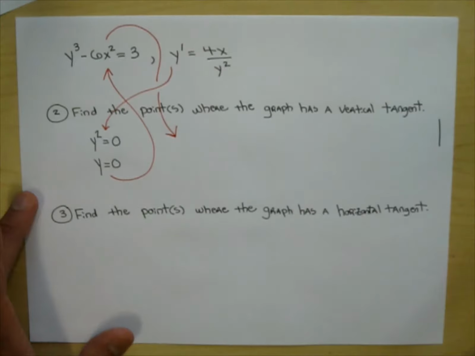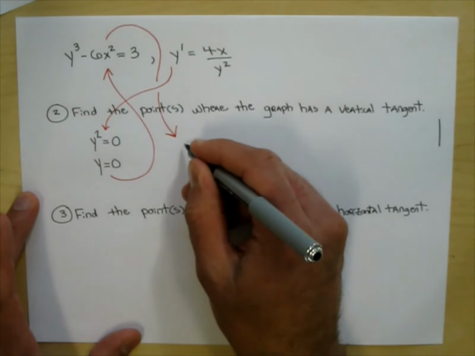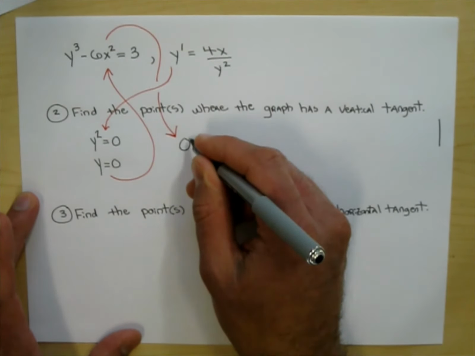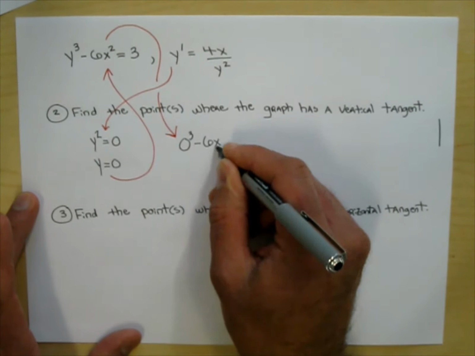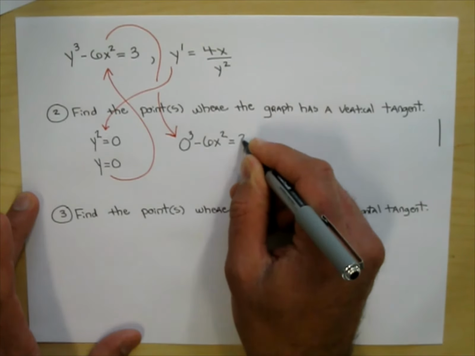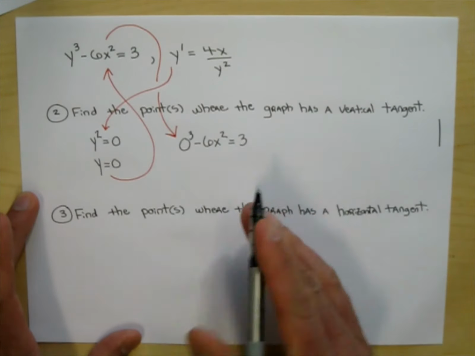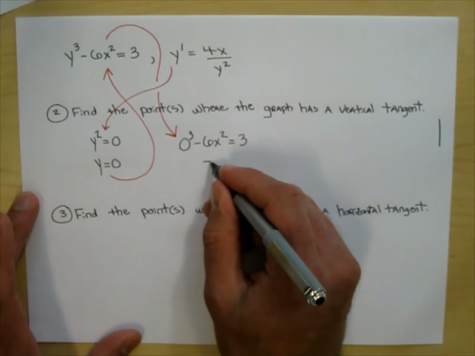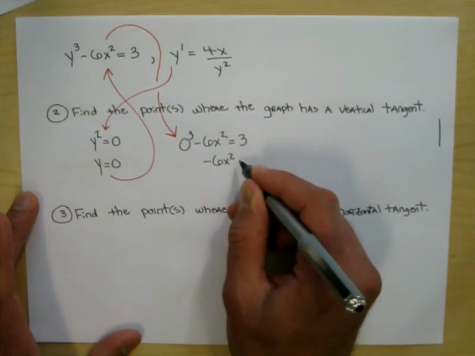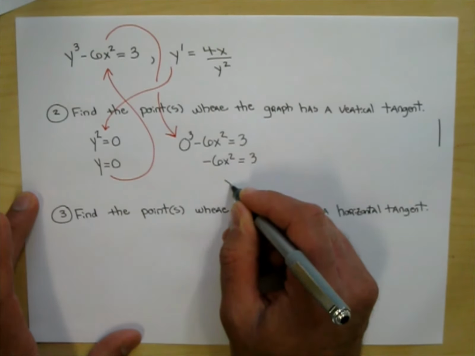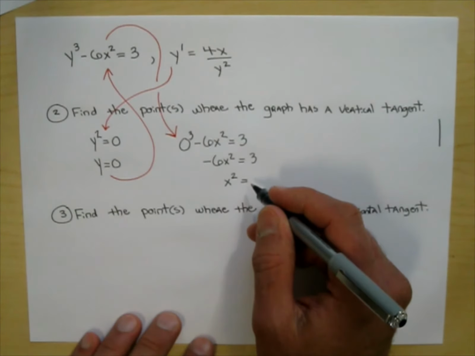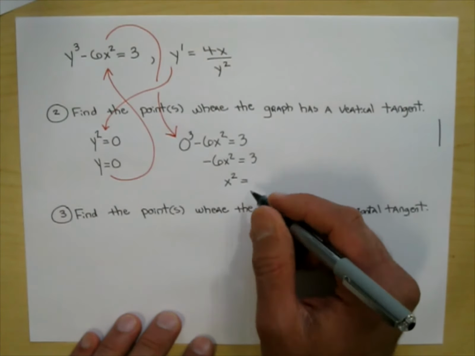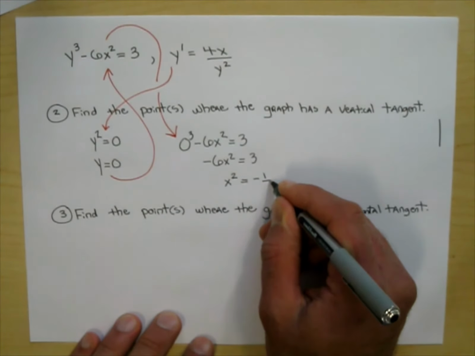So I have 0 cubed minus 6x squared equals 3. 0 cubed is 0, so I have negative 6x squared equals 3. x squared equals, dividing both sides by negative 6, negative 1/2.